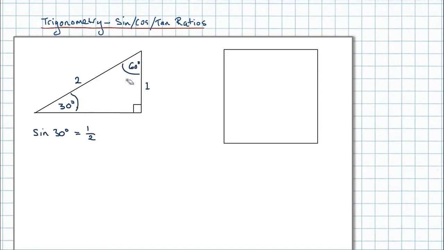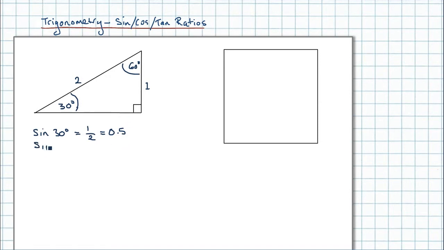And for any size triangle, as long as it's a 30, 60, 90 triangle, that will be true. So sine of 30 is a constant. It's always a half. And a half, if we want the decimal version, is exactly 0.5. So sine of 30 is always 0.5, and most people can remember that and use that frequently.